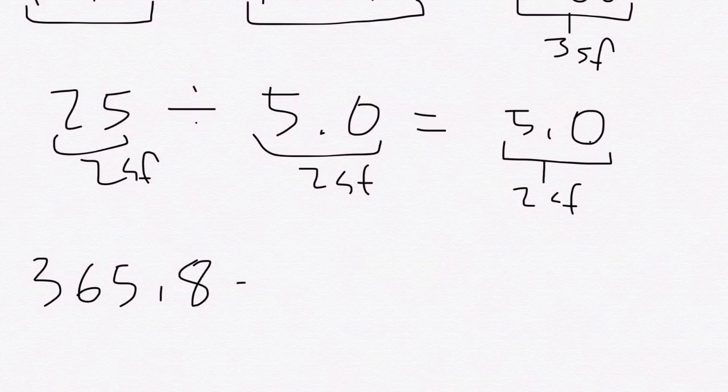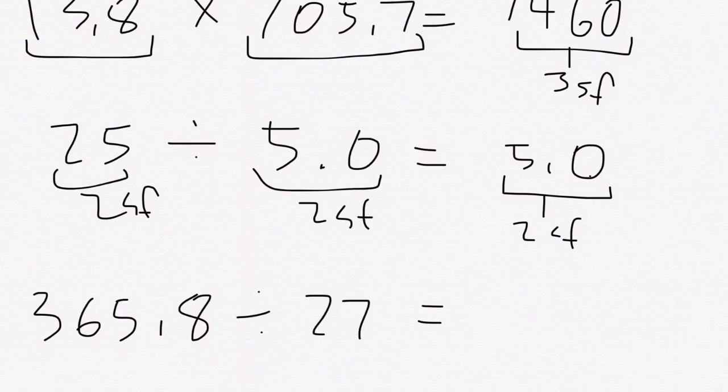Maybe 365.8 divided by 27. So try doing this and see what you get. Alright, so as an answer, you should have got something like 13.5481481. Now, if you look here, that only has 2 significant digits, so we can only have 2.